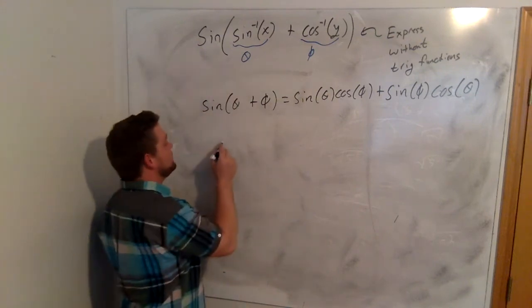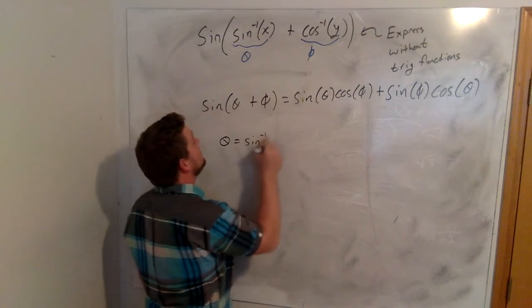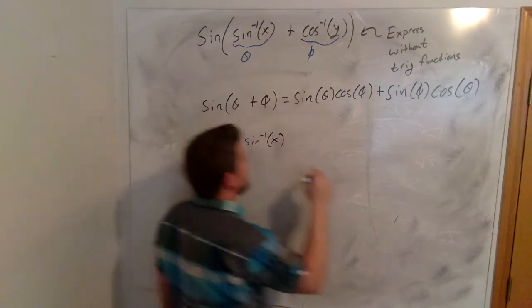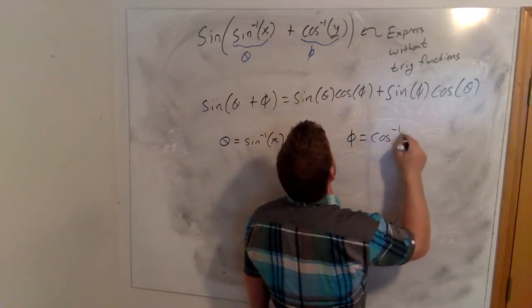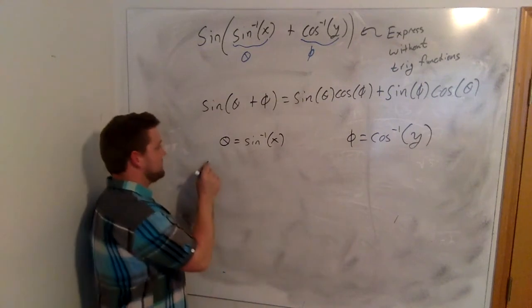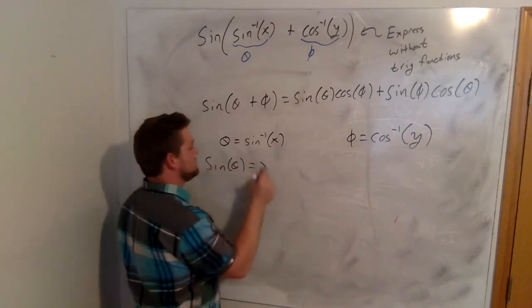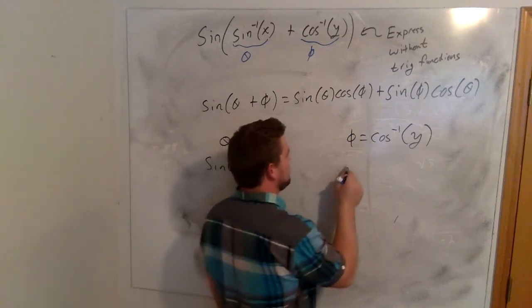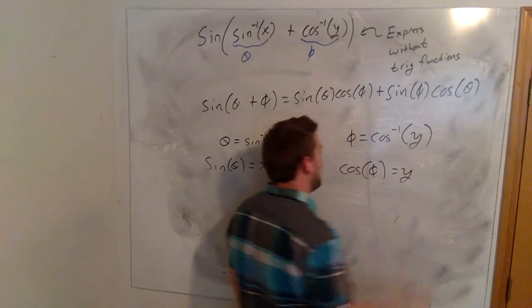Well, what we have right here is that theta is equal to the sine inverse of x, and phi is the same thing as cosine inverse of y. Or we have that sine of theta is equal to x, and over here cosine of phi will be equal to y.